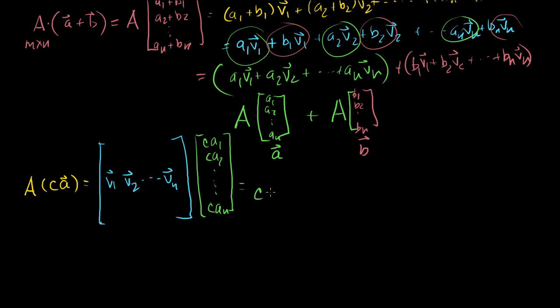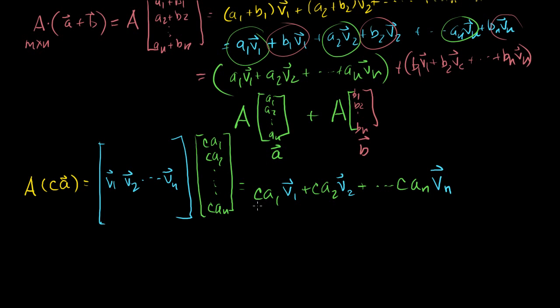It equals ca1 times this column vector v1 plus ca2 times v2, all the way to plus can times the vector vn.